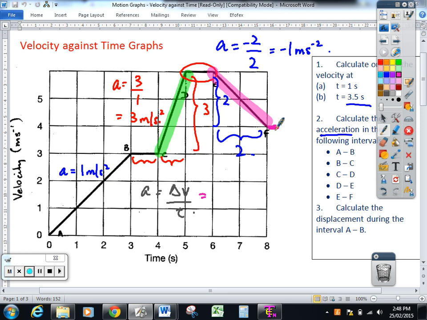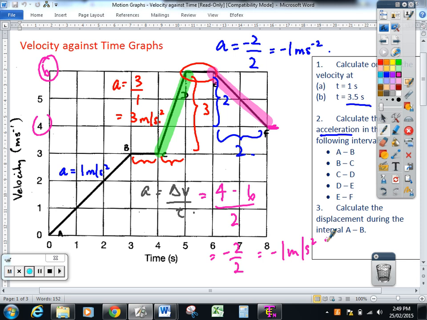That's 4. What's the initial? During this part, what was the first velocity that it was travelling at? It was travelling at 6 over here. So there you can see why it becomes negative 2 on the top. What's the change in time? 2 seconds. So it becomes negative 2 on 2, which is minus 1 metres per second squared. Are you okay why it has to be final minus initial, otherwise you will not get the right values?